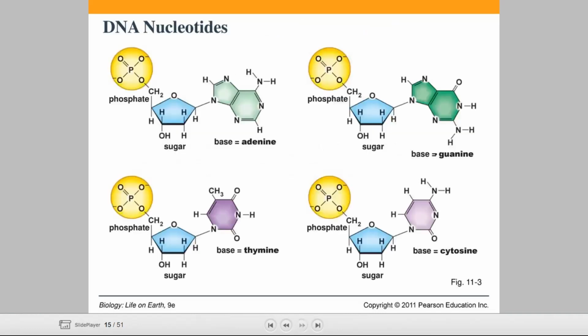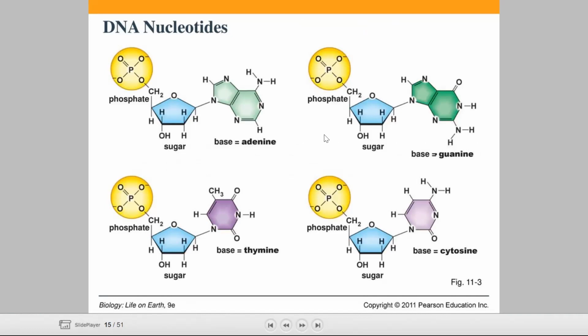Okay. Now, DNA nucleotides: there are four types. You have phosphate, which is the yellow circle. And then you have the pentose sugar, previously just called sugar, depicted as the blue pentagon.